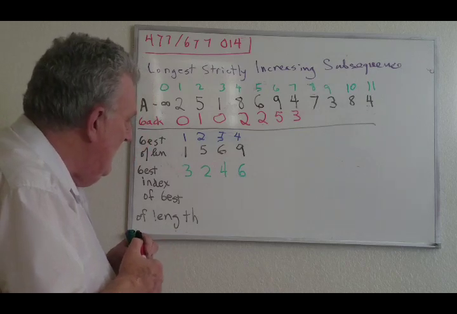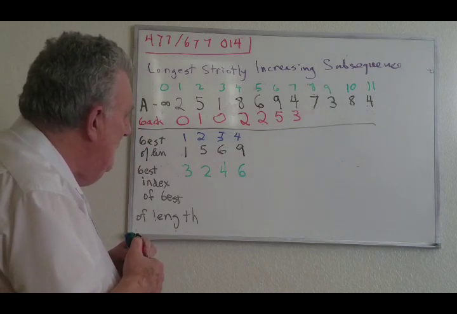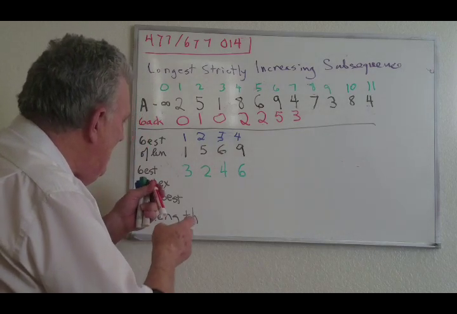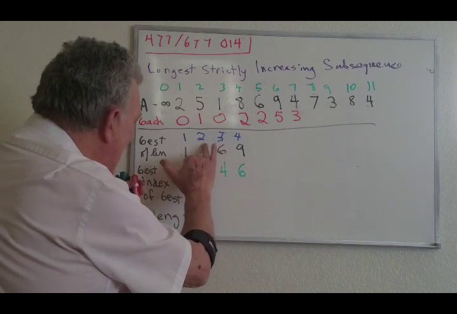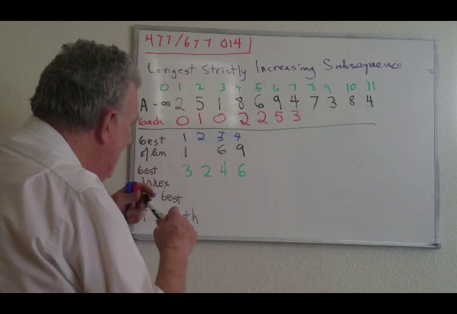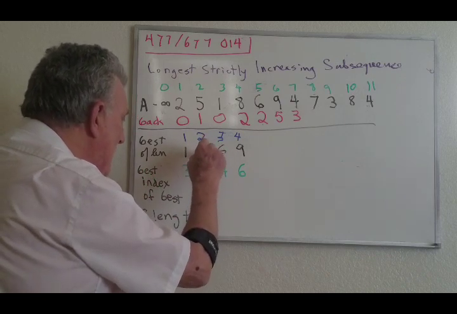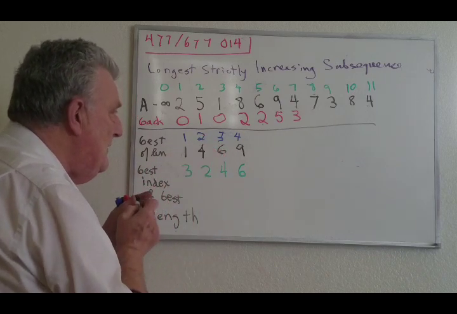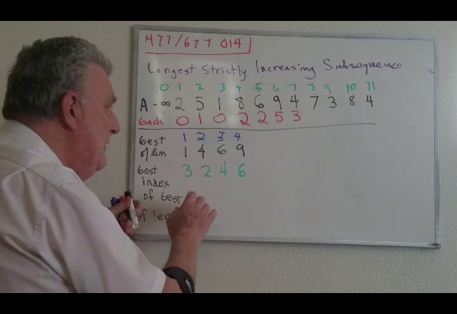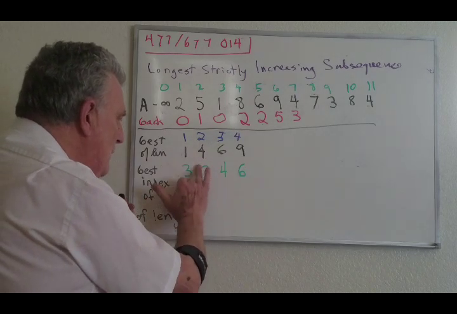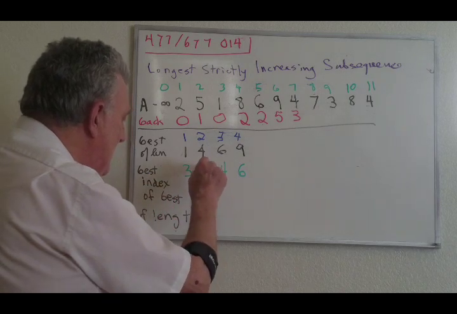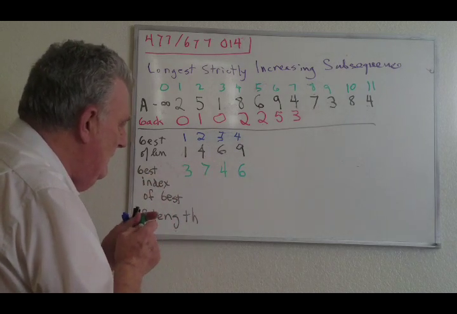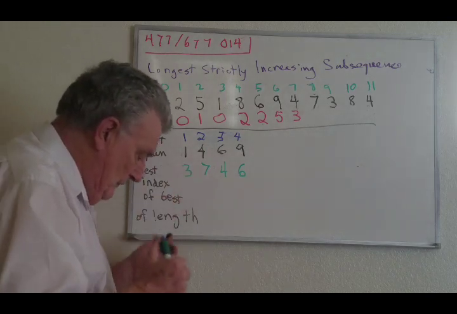Well, that's not going to work very well, but you notice that what happens here is this 5 then is eliminated and replaced by the 4, because that's a better choice for a sequence that has length 2. And then the 4 is in position 7, I then write 7 there.